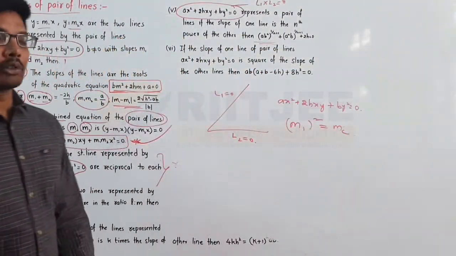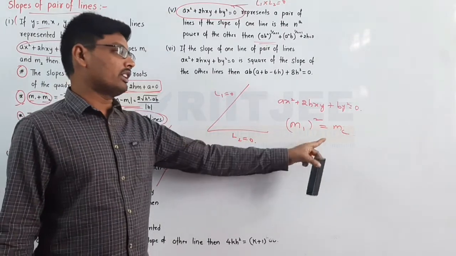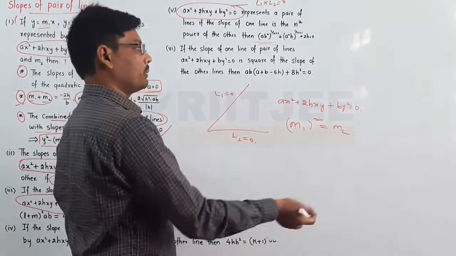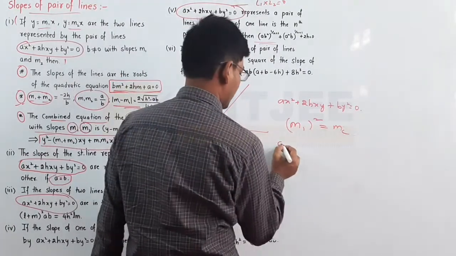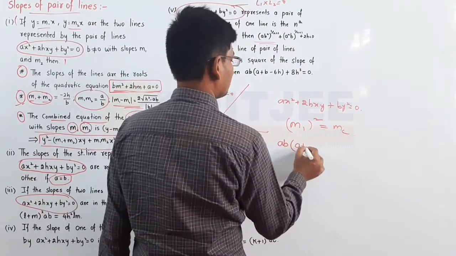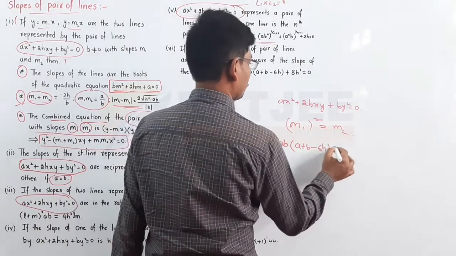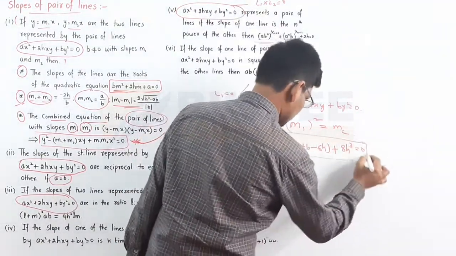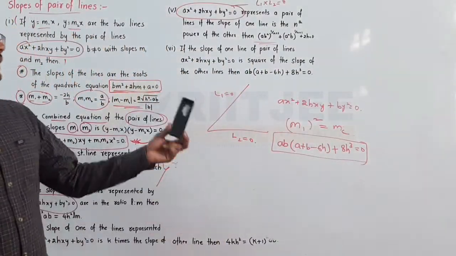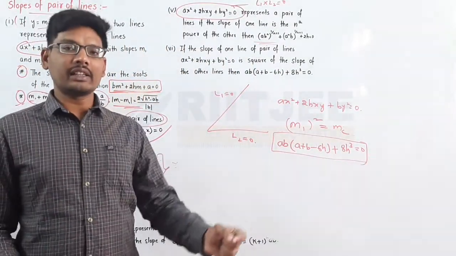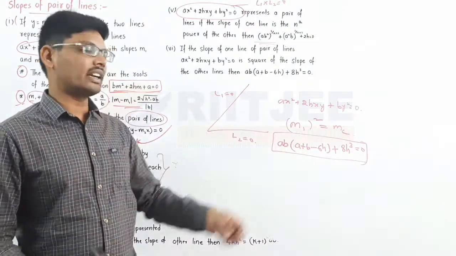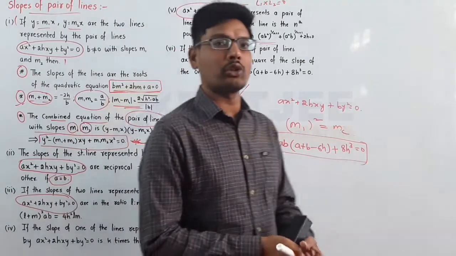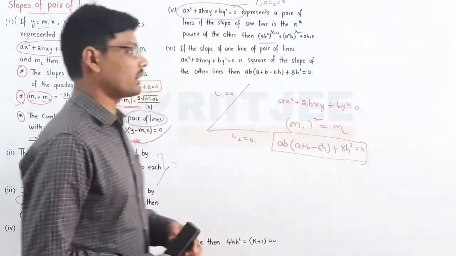Then the condition will be ab into (a plus b) minus 6h plus 8h cube. This is the most important condition for when the slope of the first line is square of the other line: ab into (a plus b) minus 6h plus 8h cube is equal to 0. This is the most important one.